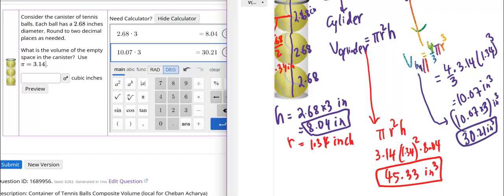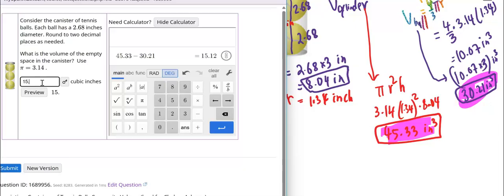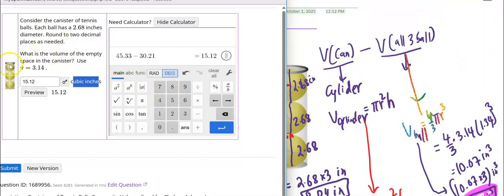So now you have this volume and this volume, so let's subtract: 45.33 minus 30.21. So you get 15.12 cubic inches. That's the volume of the empty space over here. So submit the answer.